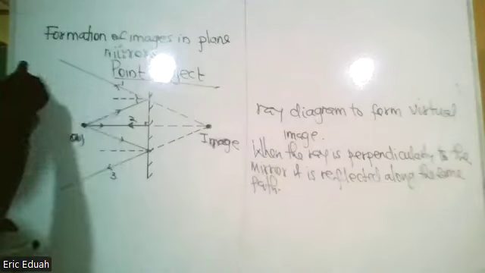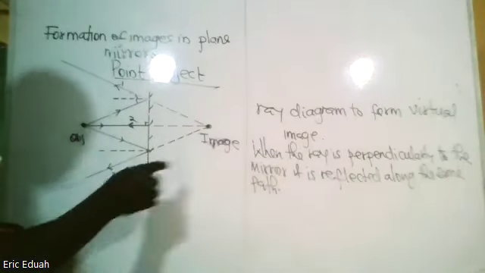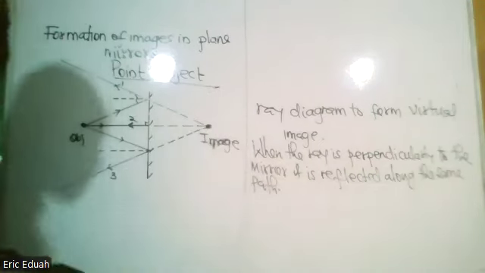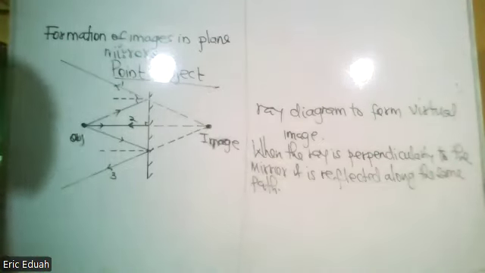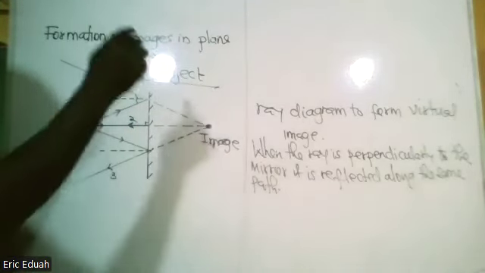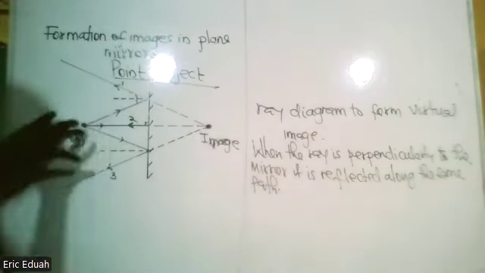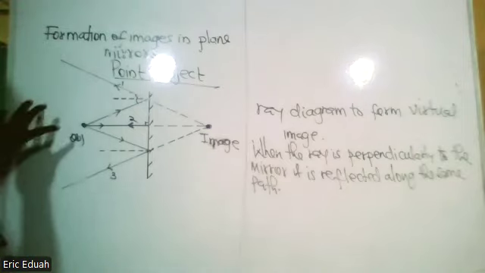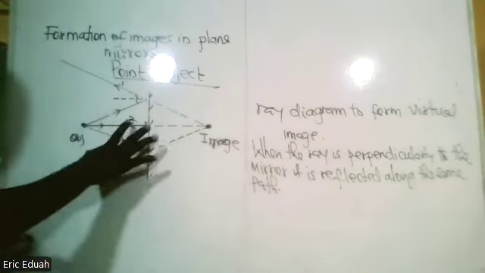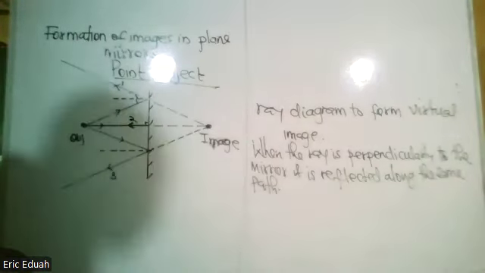Let me trace the reflected rays backwardly. When you trace them backwardly and they appear to meet at a point, that point is where the virtual image will be formed. The reason this image is virtual is because the 3 reflected rays do not meet in front, but they appear to meet at the back of the mirror. That is why we have a virtual image of this point object.